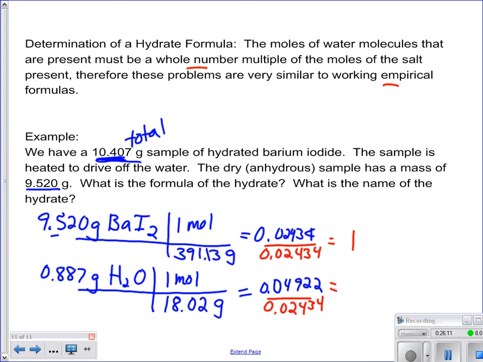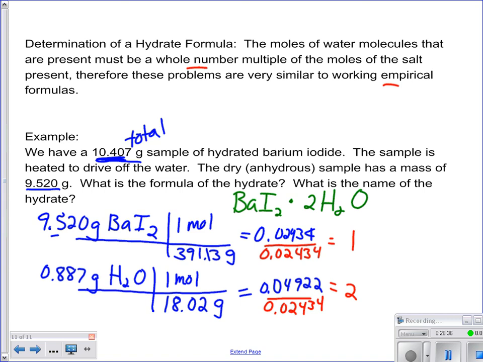So we get a 1. And when we do this one, you can probably even look at that without doing the calculation. You get a 2. So when you write this down, I'm going to write it up here. How would you write that? BaI2 dot, and then your 2 waters. 2 water molecules.